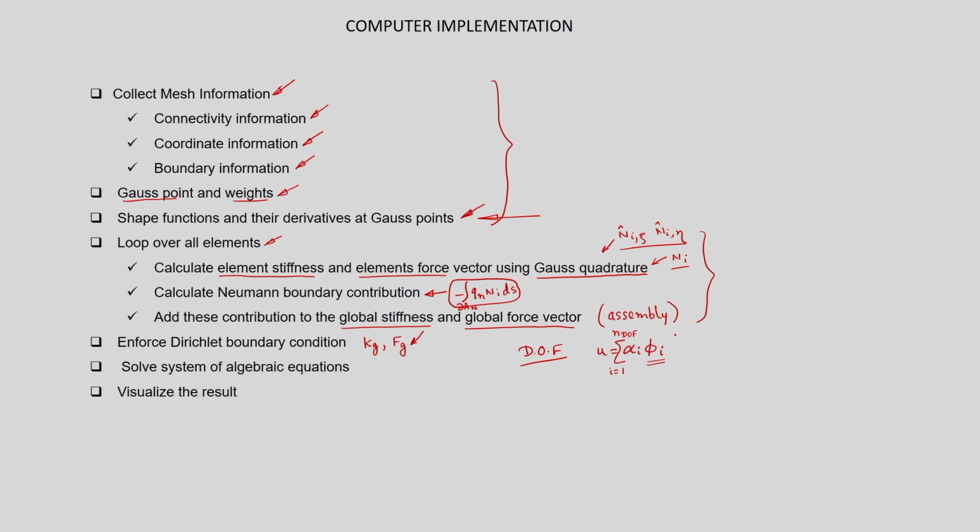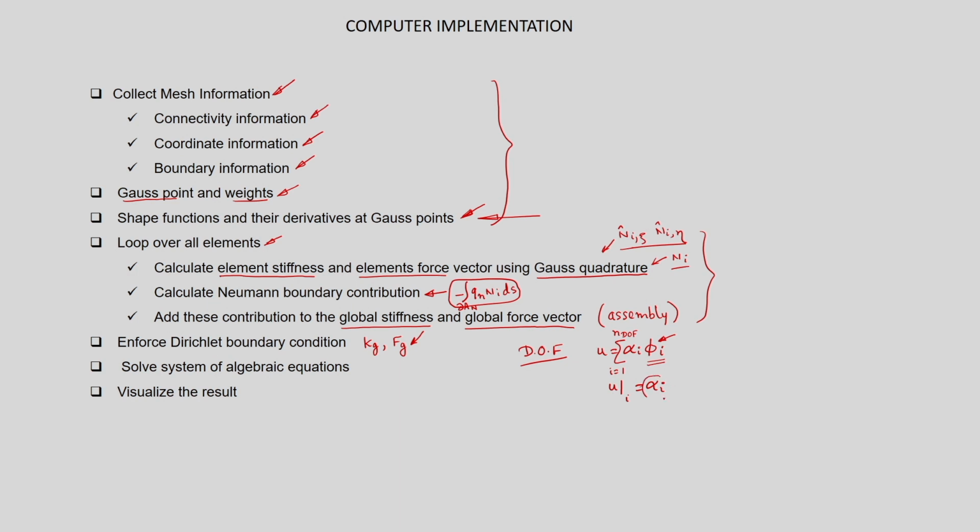So, the only non-zero shape function at the ith node is phi I, and phi I value is equal to 1 at the ith node. So, the value of u at the ith node is basically alpha I.